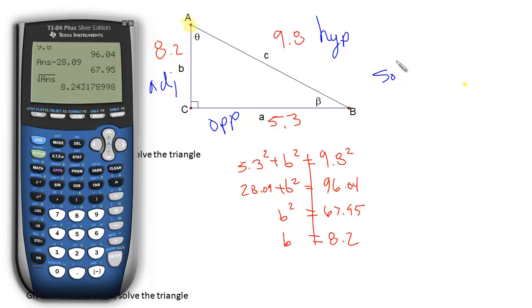So SOH CAH TOA. And I'm going to deal with the ones given because they're exact, which was the hypotenuse and the opposite. So that is going to be the sine. So the sine of my angle is equal to the opposite over the hypotenuse. So to undo this, I take the inverse, or arc sine.